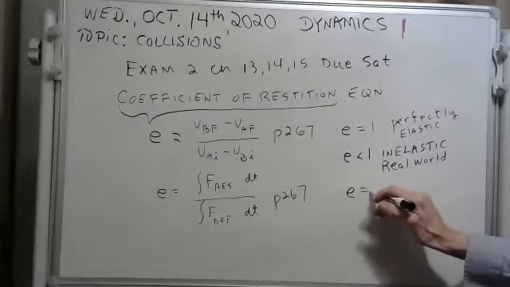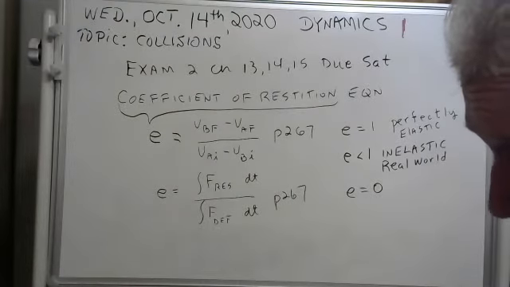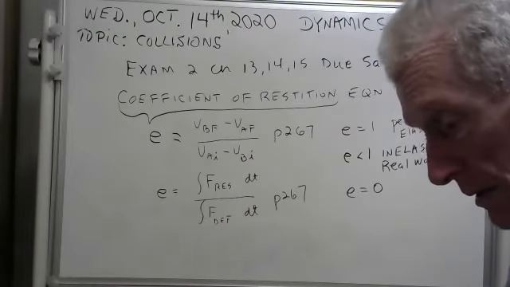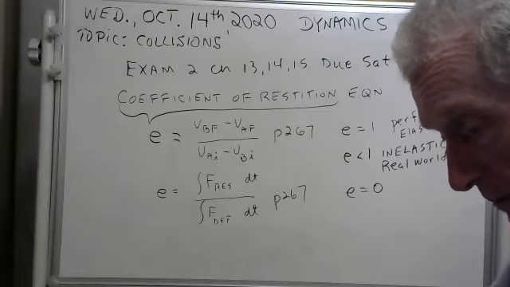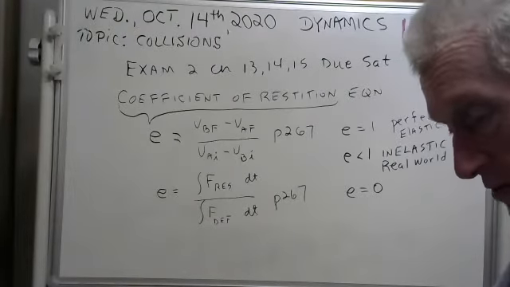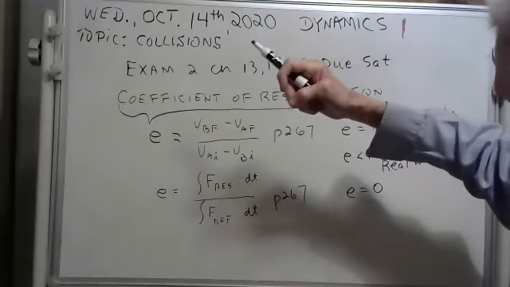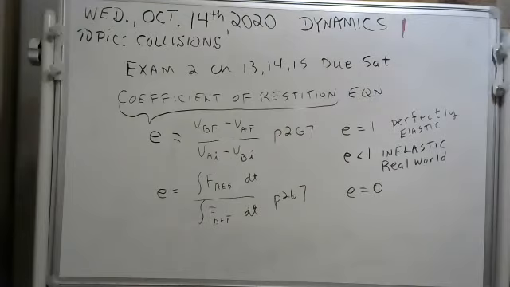Now, if E is 0, what that is, you get yourself a ball of mud. Go out in the backyard and get some dirt and make it wet and make yourself a ball of mud and drop it on the sidewalk. Splat. It doesn't bounce.